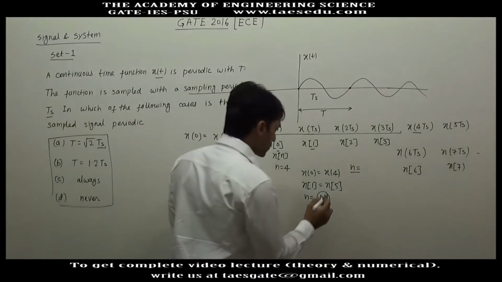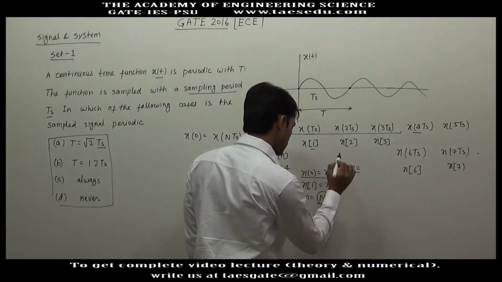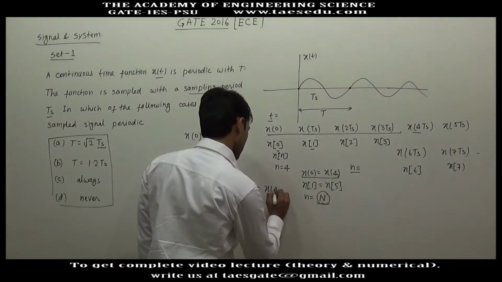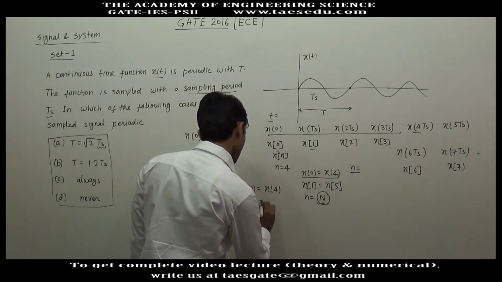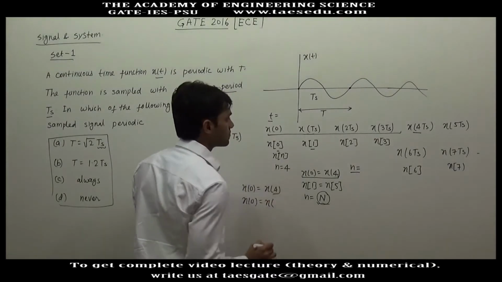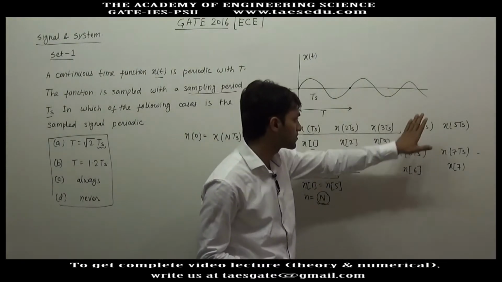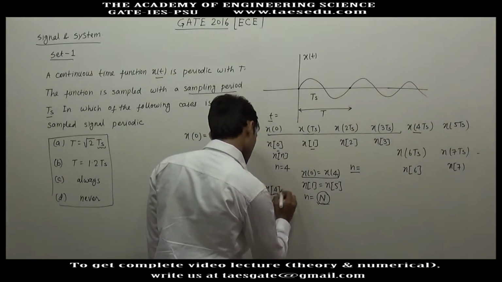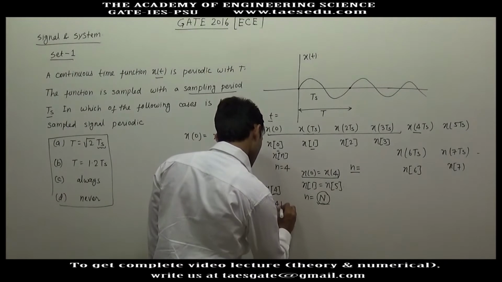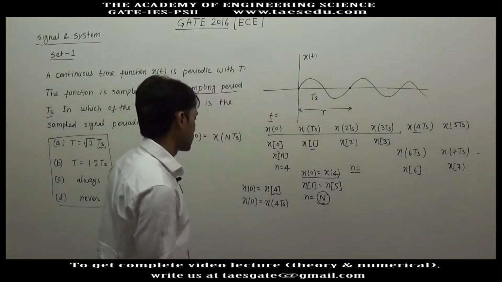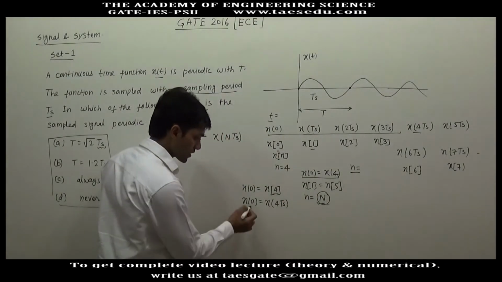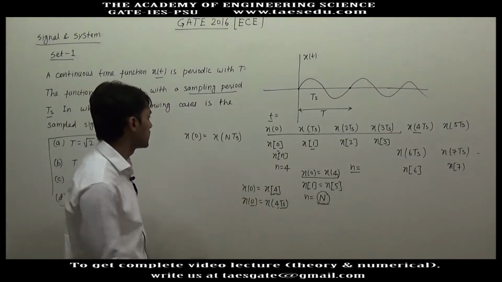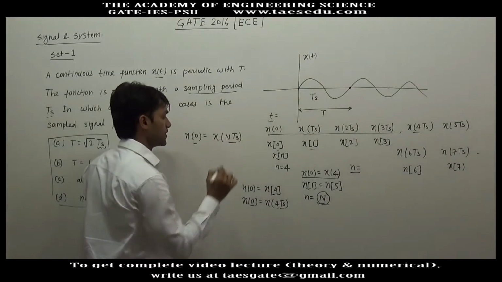Like if it is periodic with 4, x0 is equal to x4, which means x4 is x(4Ts). The discrete signal x4 is equal to x(4Ts). Similarly, if it is periodic with N, x0 will be equal to x(N Ts).